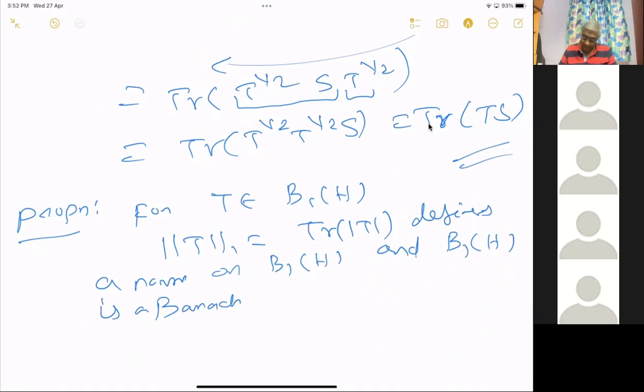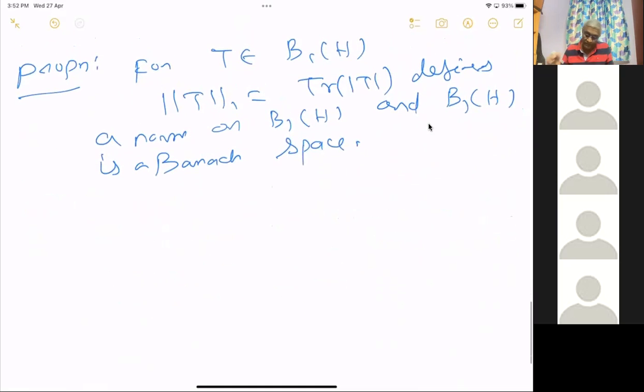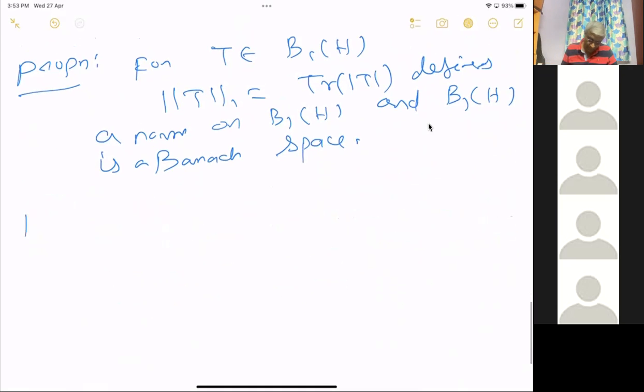So this is the theorem we want. We want to prove that B1H is a Banach space with respect to this norm. Of course, it's not a Banach space with respect to the operator norm because the closure will be all compact operators.